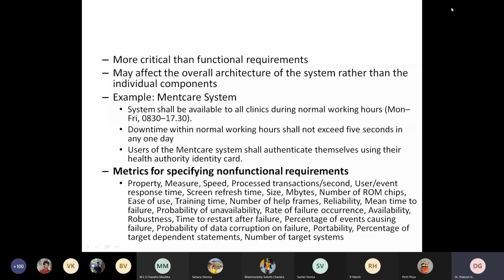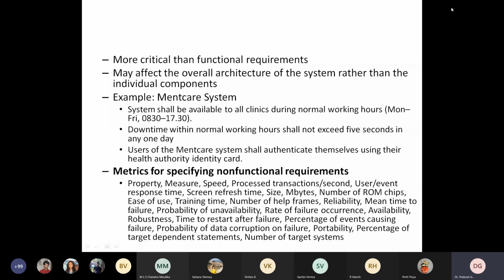There is a list of metrics for specifying non-functional requirements. You can see numerous metrics, like speed, performance, size, training time, reliability, probability of unavailability, robustness, portability. All are considered non-functional.